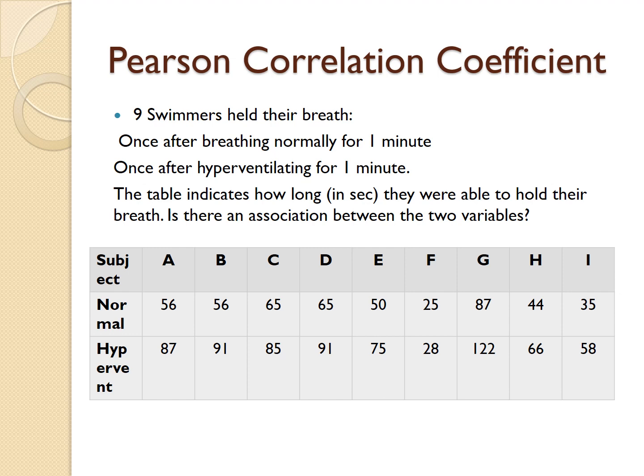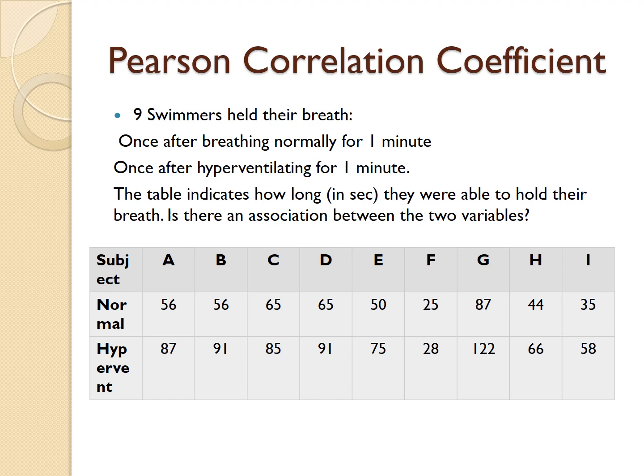Okay, so let's take an example here. There are 9 swimmers. They will hold their breath once after breathing normally for 1 minute, and once after hyperventilating for 1 minute.